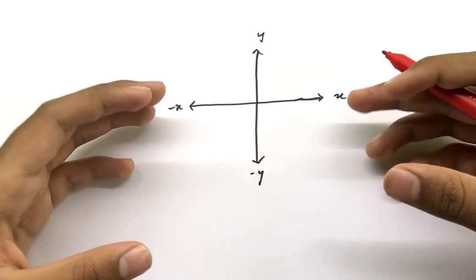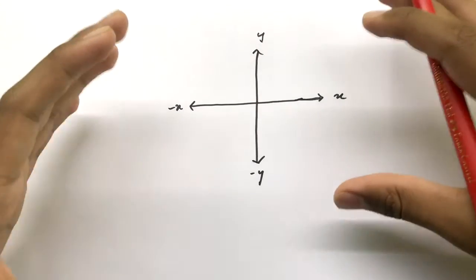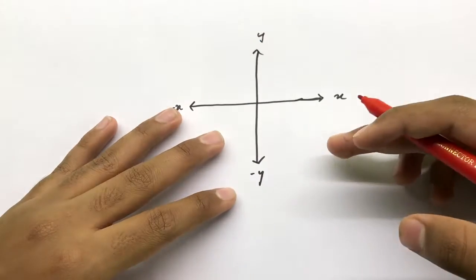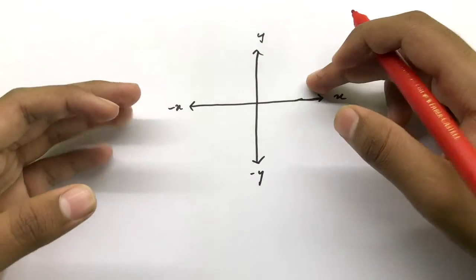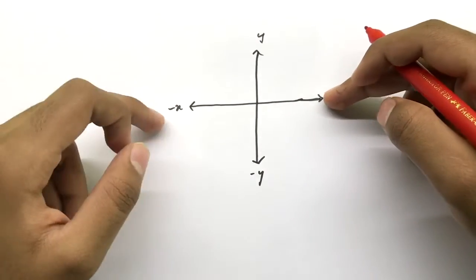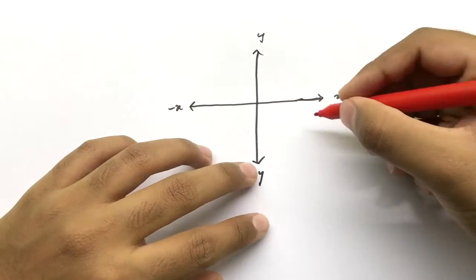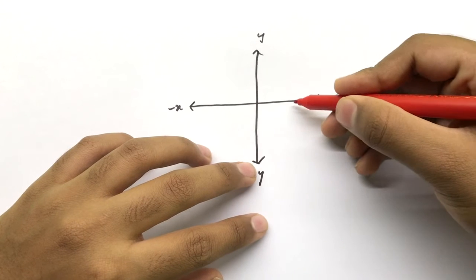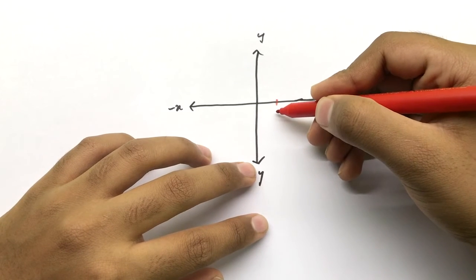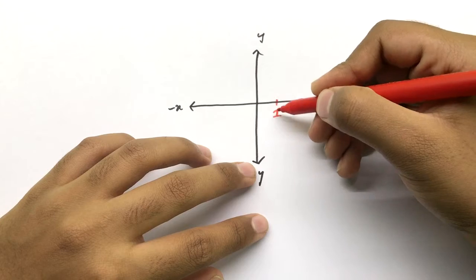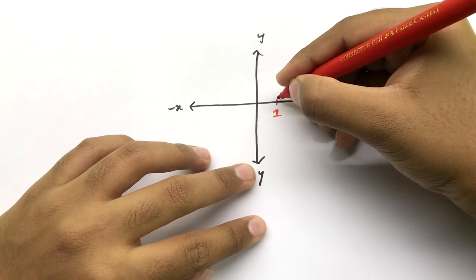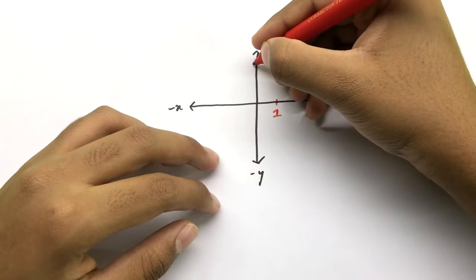Okay, so I'm going to start off with a very simple example of just 2 dimensions. We're not going to consider the z axis at all. We're just going to consider the x and the y axis, the positive and the negative ones. So now I'm going to plot a very simple vector. Let's say I move 1 unit along the x axis, and I move 2 units along the y axis.